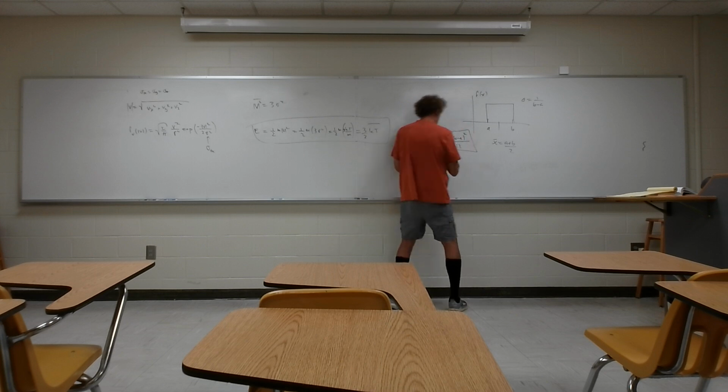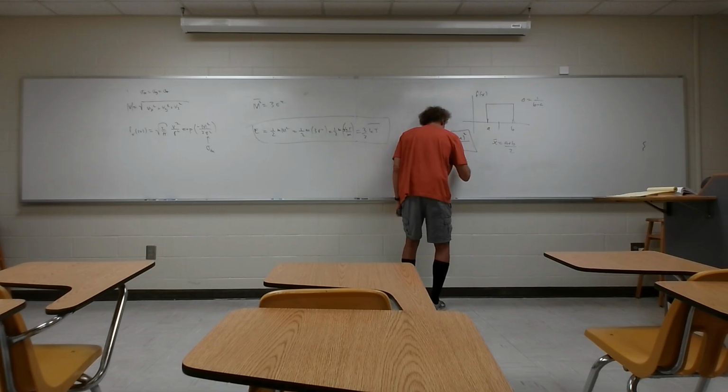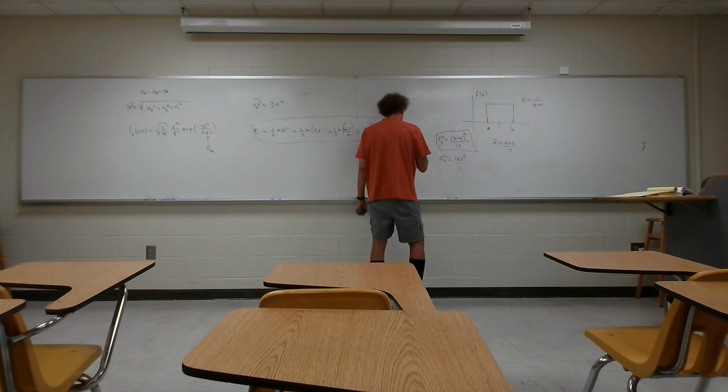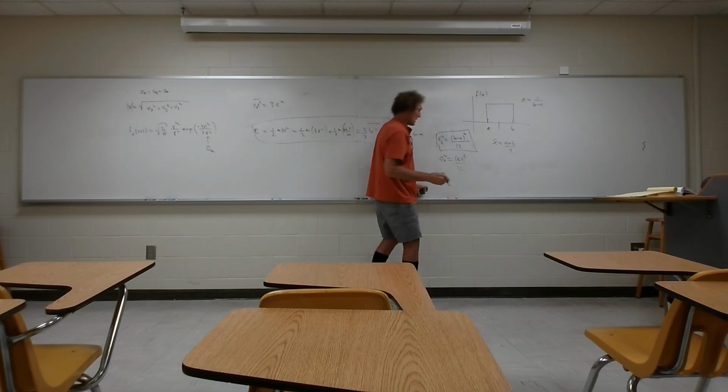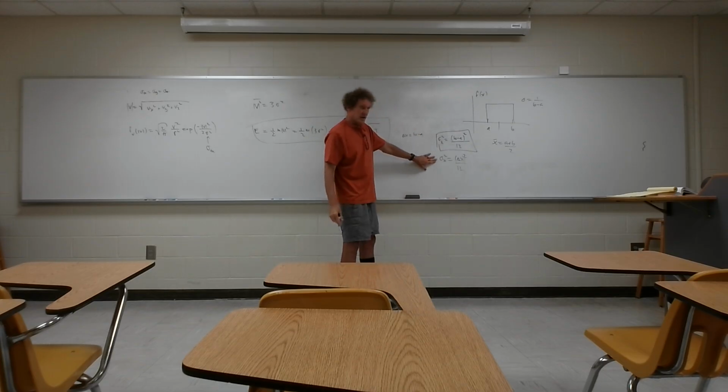Now this becomes important. Really, sigma x squared here is better written as the delta in x, the difference between the upper and lower value, squared over 12. Now this will become important right here.